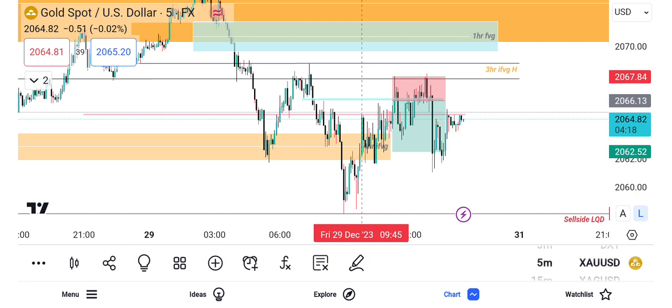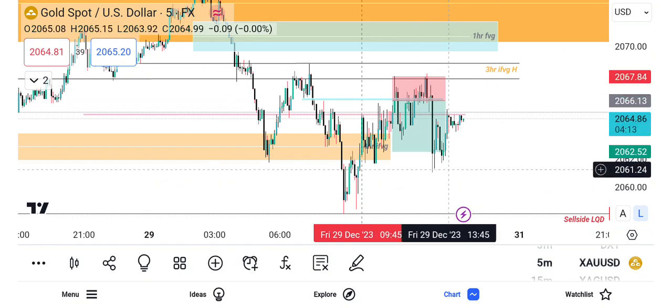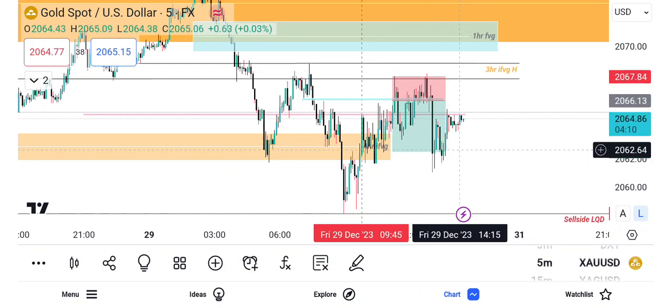So as you can see, today we had a trade, and over here my stop loss was triggered.